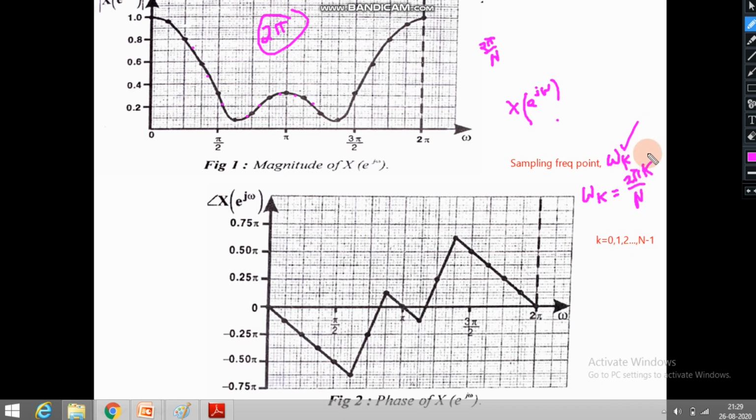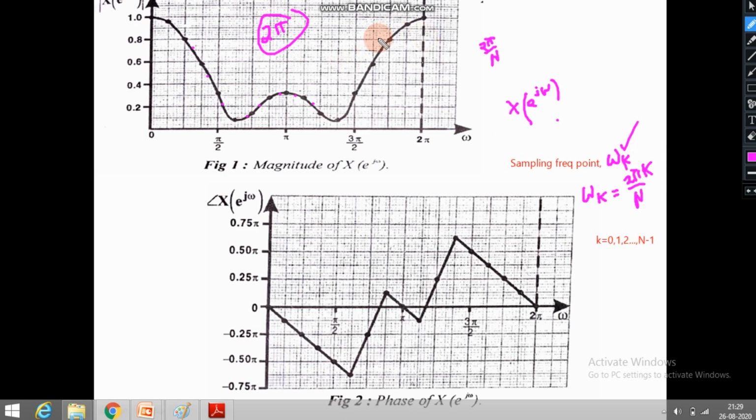Thus to get the kth sampling frequency point, we have to multiply the sampling interval by k. So omega k is equal to 2 pi by N into k, and k is equal to 0, 1, 2, 3 etc. up to N minus 1.